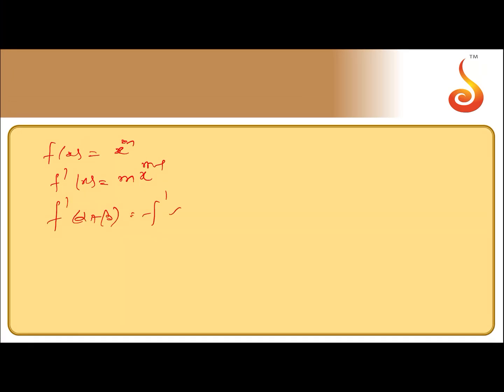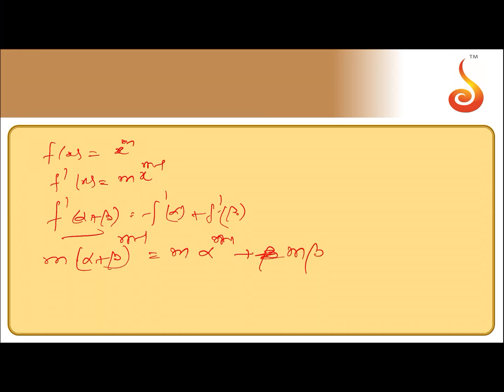Clearly by substituting, we get (alpha plus beta) to the power of m minus 1 times m, equal to m multiplied by alpha to the power of m minus 1 plus m multiplied by beta to the power of m minus 1. And clearly m is found by substitution.